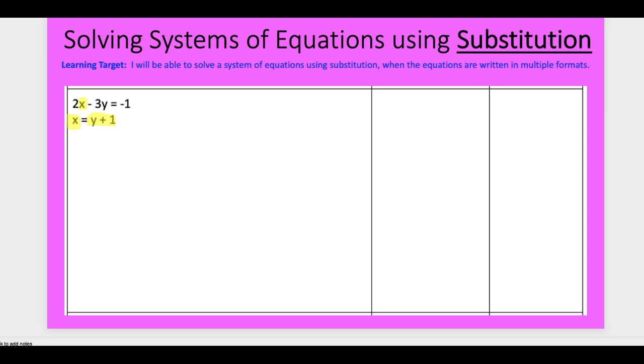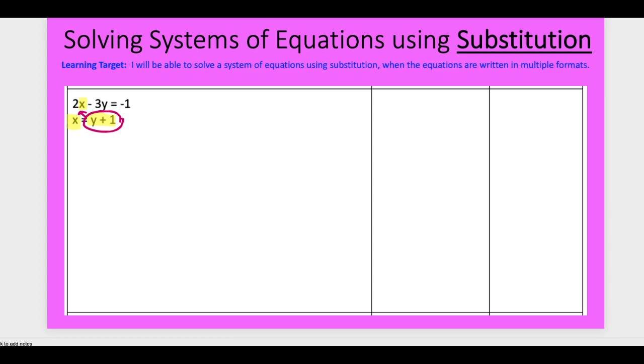So basically what I'm going to do here is take this expression, which is y plus 1, and plug it into this first equation in the place of x. That's the substitution part.